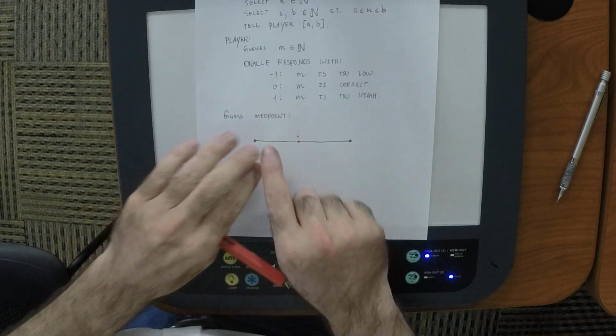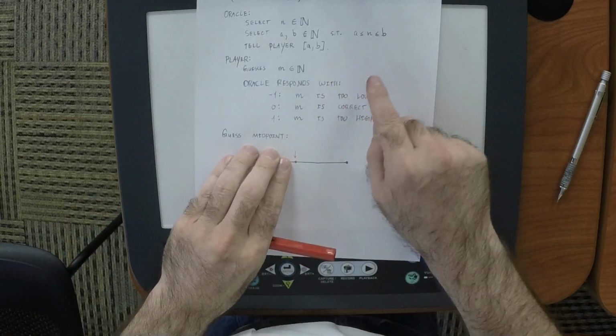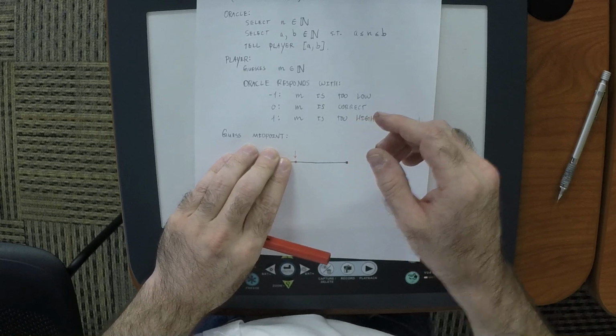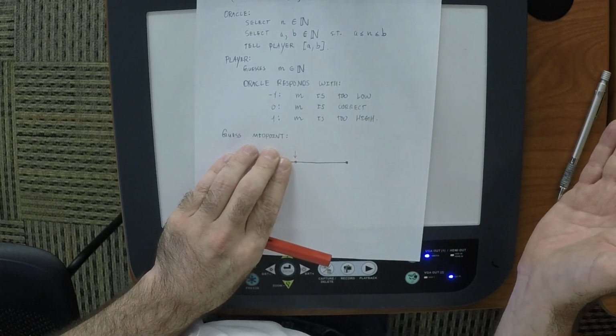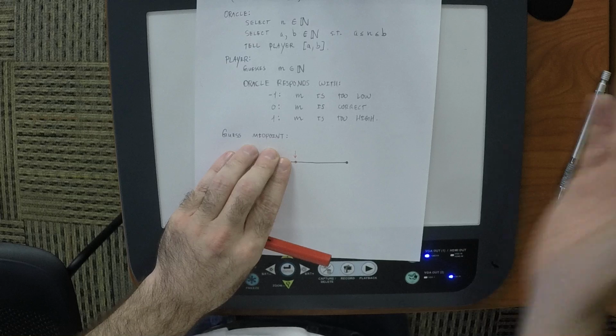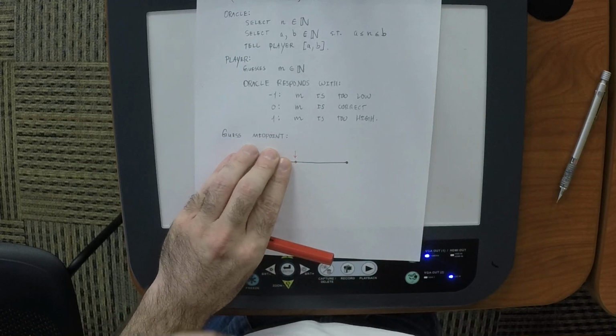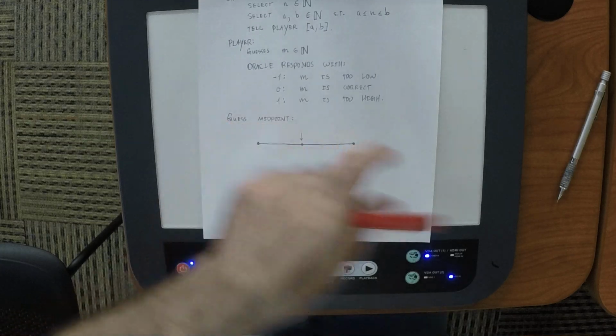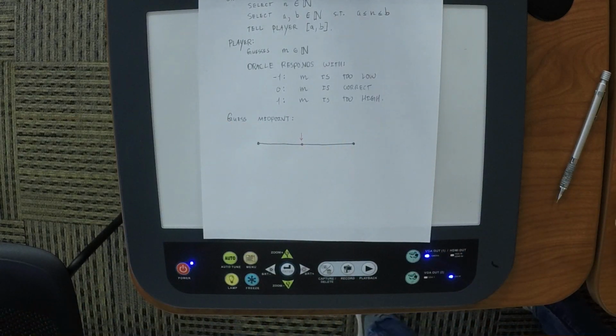Okay, so then you have a new interval. You guess the midpoint again. And you either got lucky and got it right, or you have decreased the problem size by half.